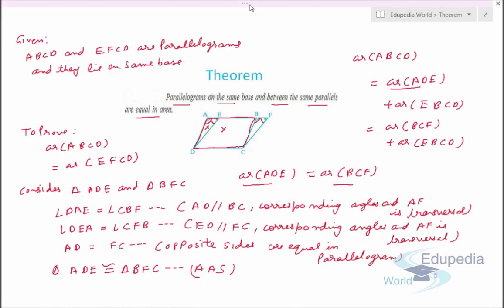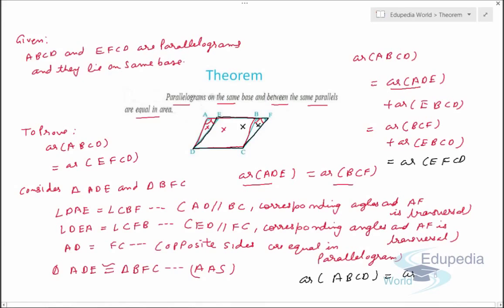Now if you see properly, EFCD will be the area of EBCD plus area of BCF, meaning this area plus this area, so we can write this as area of EFCD. So we can say that area of ABCD is equal to area of EFCD.